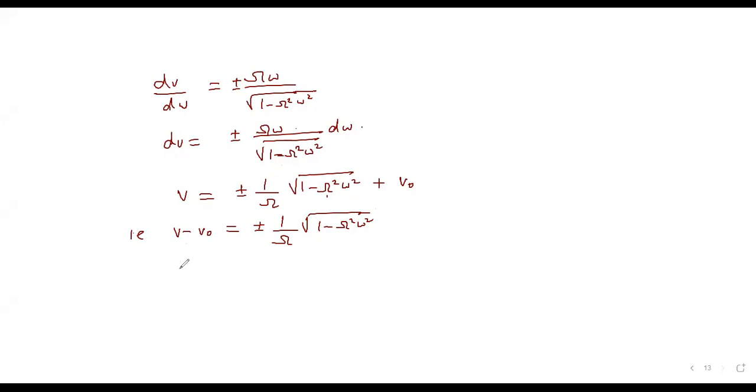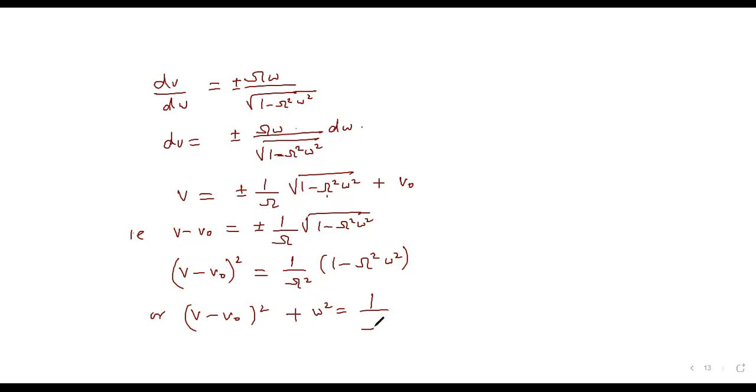Or if I square both sides, you will get v minus v naught whole square is equal to 1 by omega square into 1 minus omega square w square, or I can just write it as v minus v naught whole square plus w square is equal to 1 by omega square, which is basically the equation of a circle centered at v naught and 0.